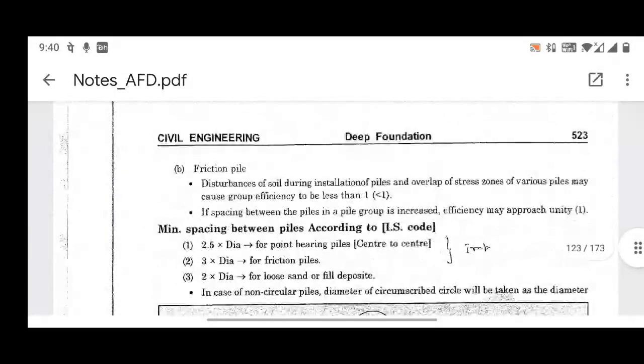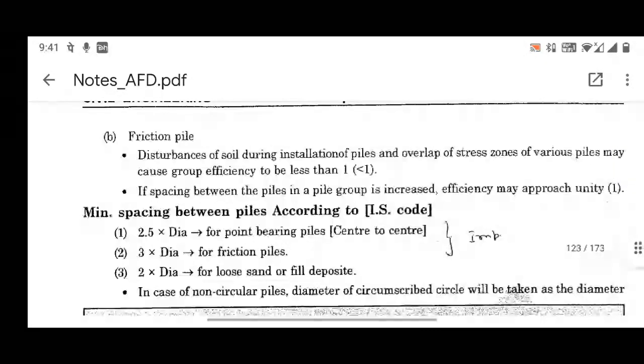Now the other case is the friction pile. There, disturbance of soil during installation of piles, and overlap of stress zones of various piles, may cause group efficiency to be less than 1, right? This is the disturbance of soil during installation of the pile.